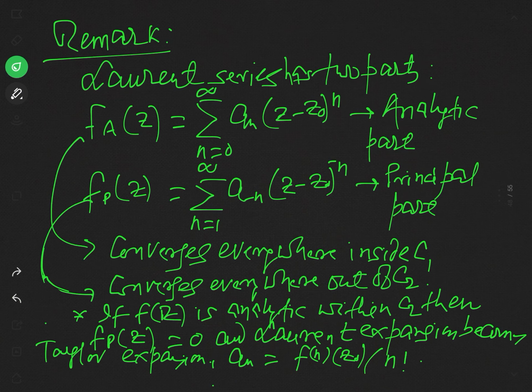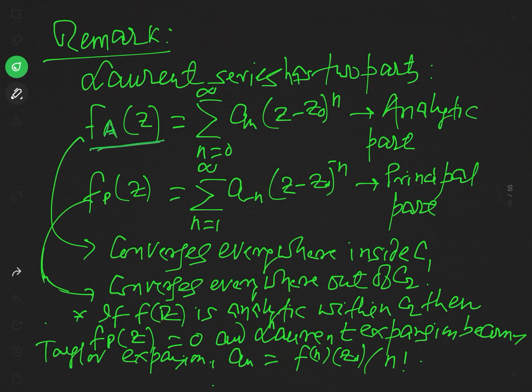Actually, as I have told you, the Laurent series has two parts, and this is a very remarkable fact. The first part is denoted by fa of z, and it is defined as summation n equal to 0 to infinity an z minus z naught to the power n.